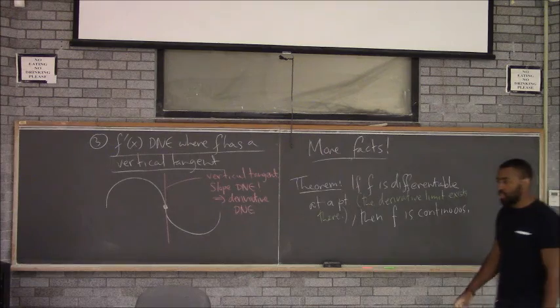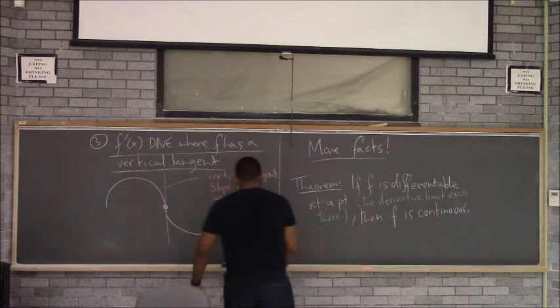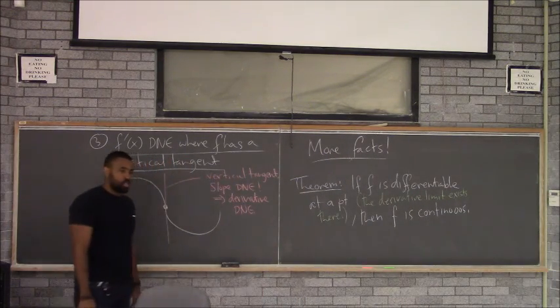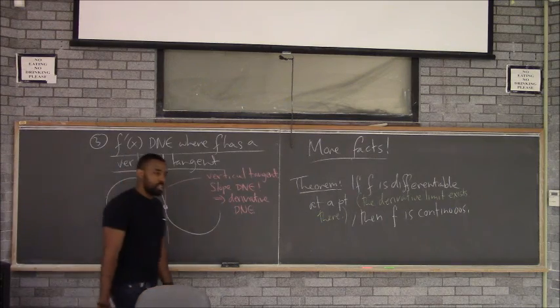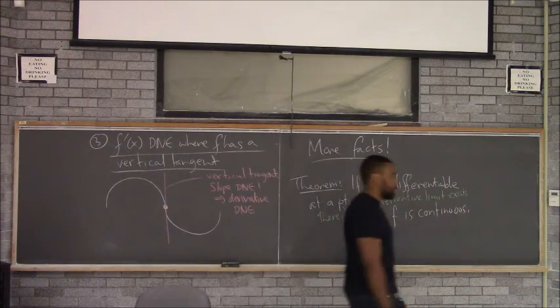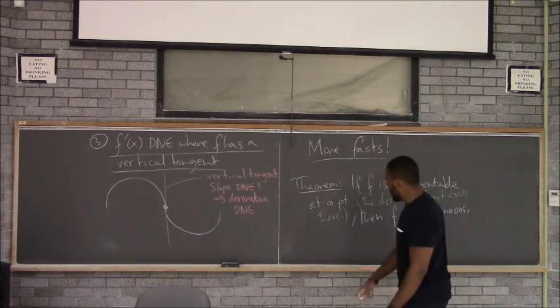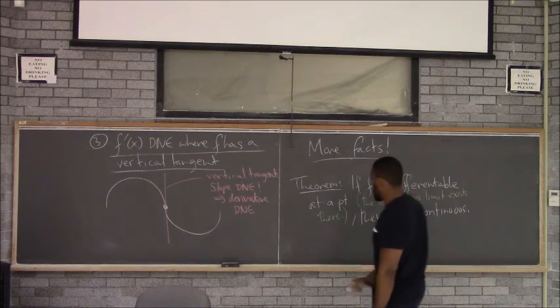Differentiability implies continuity. This is a very important idea. Once you know that you can find a derivative somewhere, the function is automatically continuous there. You don't have to actually check the continuity. That is extremely useful in many situations.